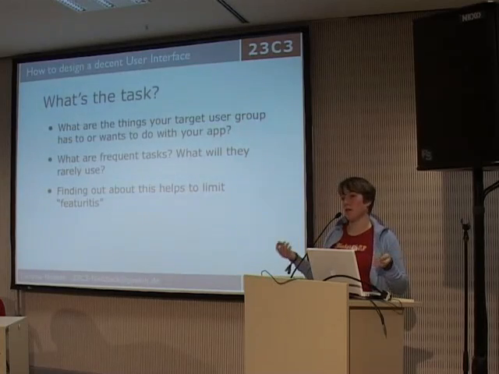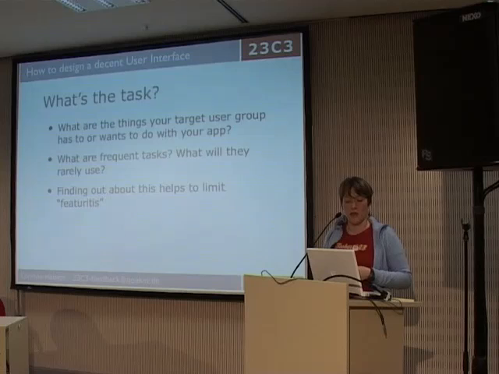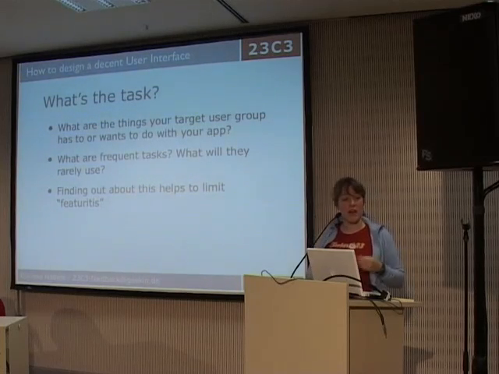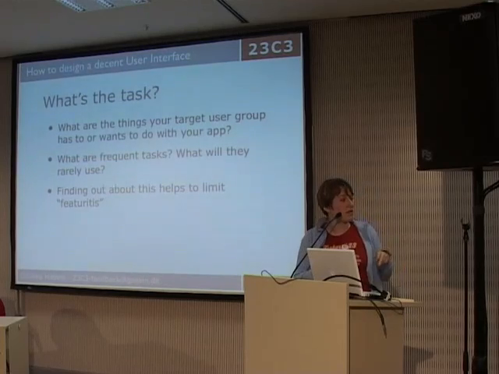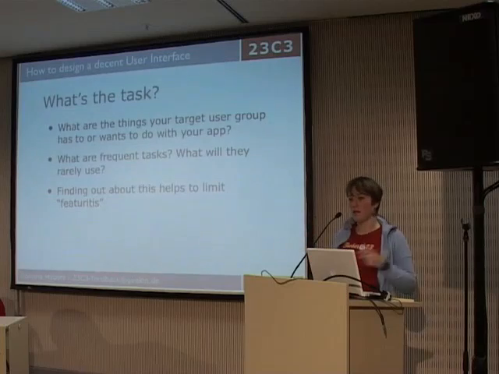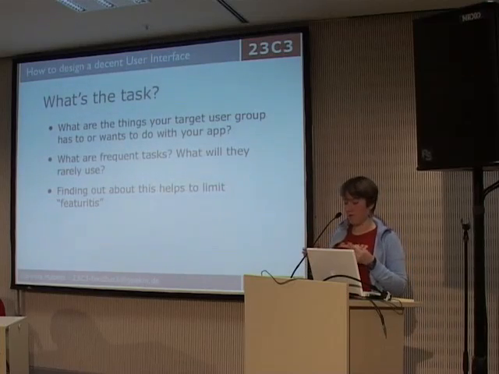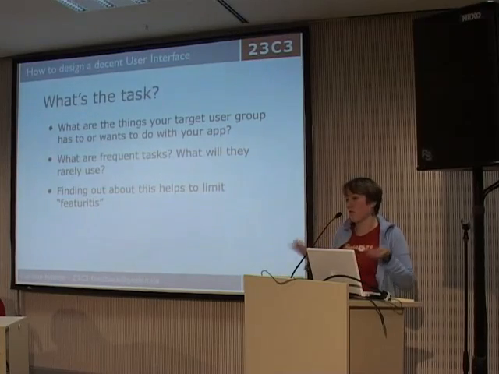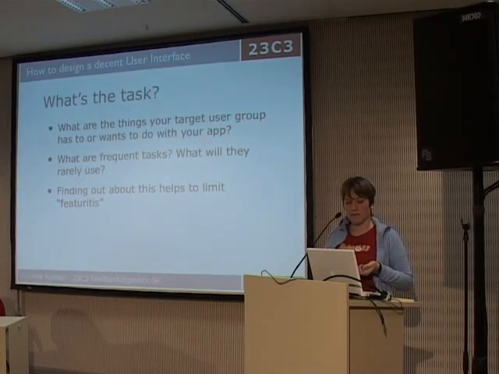Sometimes a lot of people are forced to use Windows in their workplace, things like that. What are frequent tasks? What are rare tasks? If you find out about that, then you can limit feature creep. It's like, I think we should have that extra button which says, and then you can say, no, we found out that our users never do that. And then you can just leave the button out. Things like that.